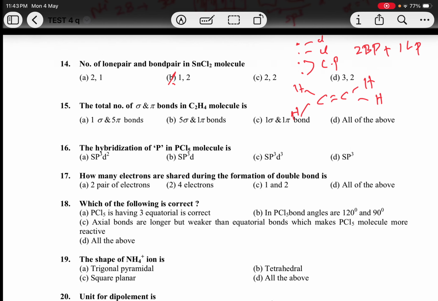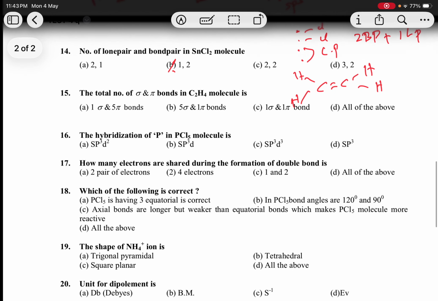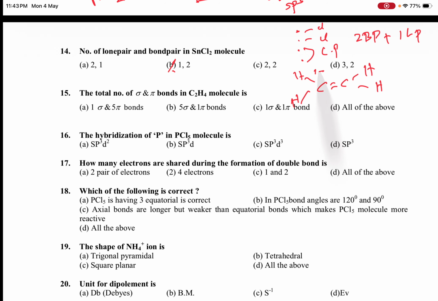Here this is a sigma bond, this is also a sigma bond, this is also a sigma bond, this is also a sigma bond. The double bond has 1 sigma bond and 1 pi bond. So total 5 sigma bonds and 1 pi bond. In the given options, A is 1 sigma and 5 pi bonds, B is 5 sigma and 1 pi bond, C is 1 sigma and 1 pi bond, D all of the above. So the option 5 sigma bonds and 1 pi bond is the correct one.